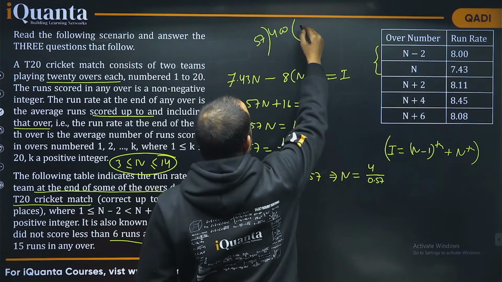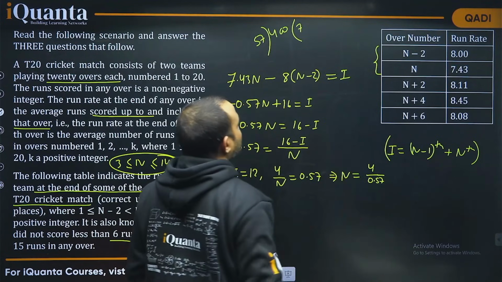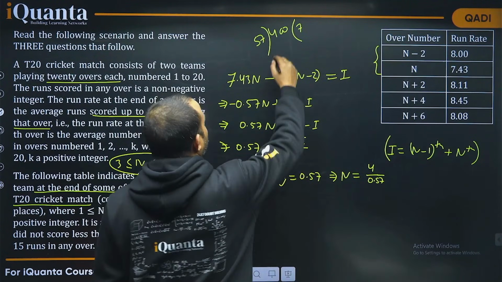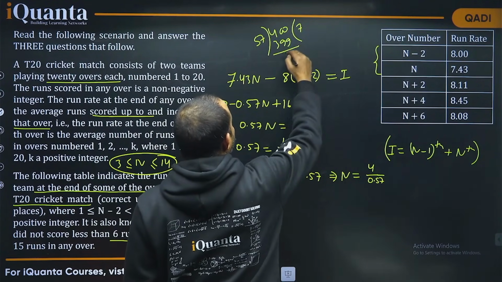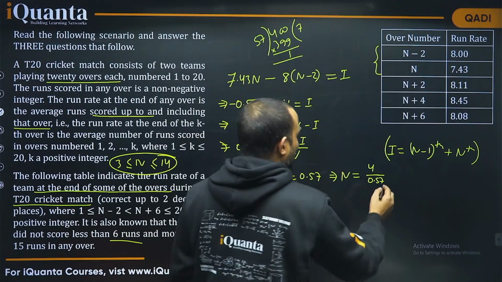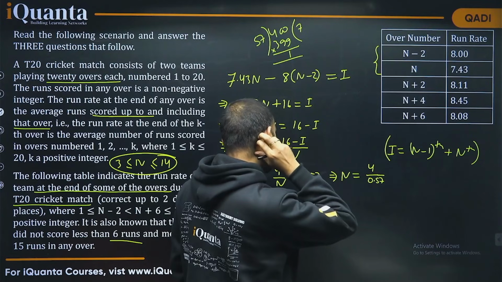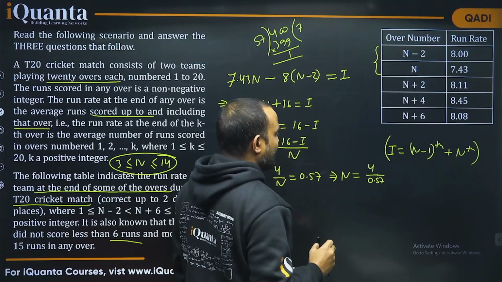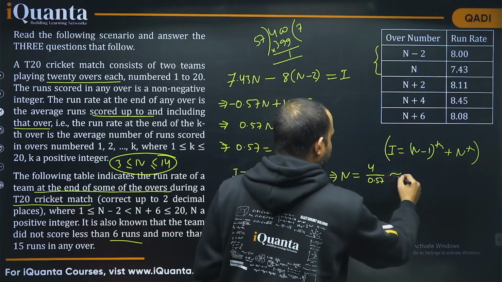So, 57 into 7, 49 plus 350, 399. This is very close, right? So, basically, here we can say that n is definitely 7.